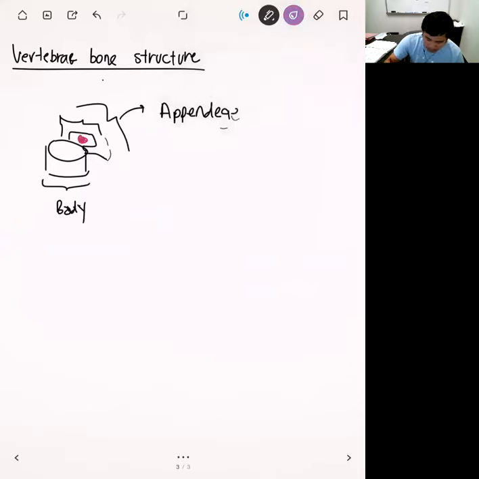The other part that's important about the vertebral bones is the intervertebral discs. In between each vertebra, we have this soft, squishy disc, known as the disc.